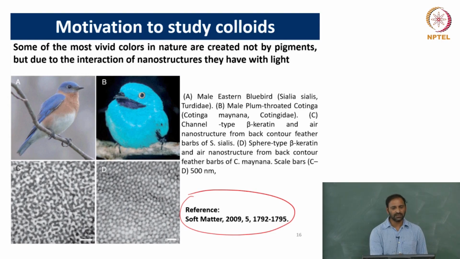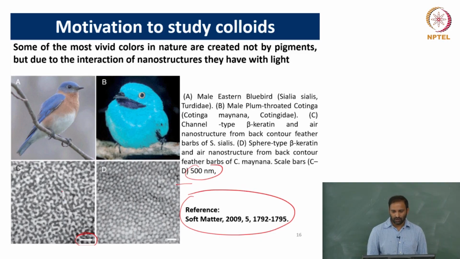These are 2 birds, both of them bluish in color. One is light blue, and the other one is slightly different. If you look at the feathers of these birds, they have different structures. The length scale is about 500 nanometers, and these small dots are definitely sub 100 nanometer in length scale.